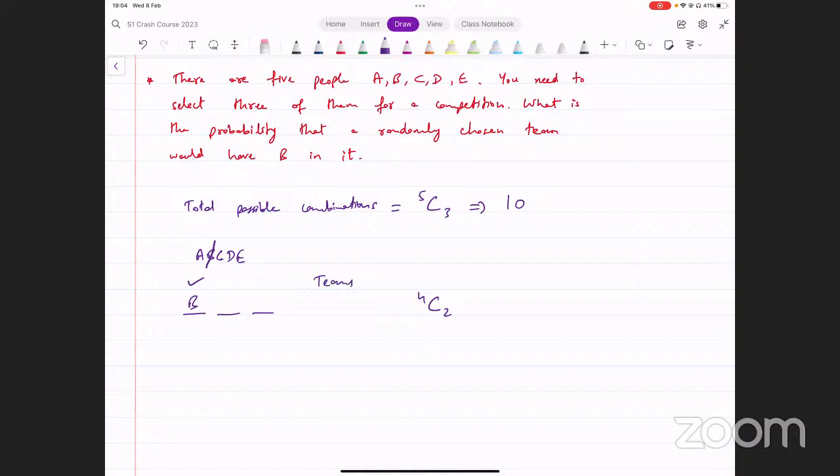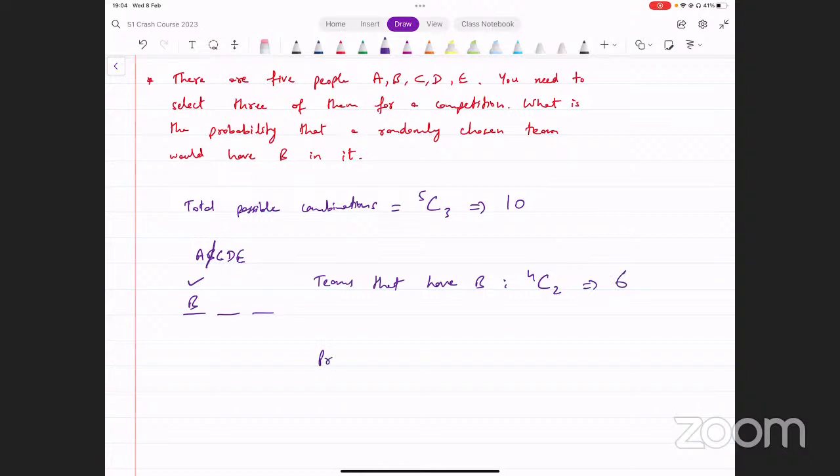Teams that have B, that's 4C2. 4C2 is going to be 6.